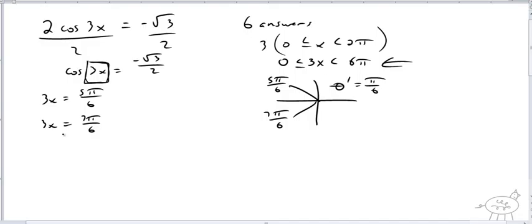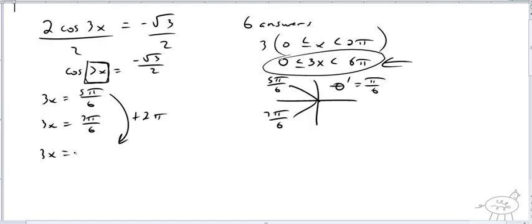Anyway, I know that 3x has to be between 0 and 6 pi, so I've tripled the number of answers, so I'm going to add, again, plus 2 pi to that. So I get 3x, I'm going to add 12 pi over 6. 3x equals 17 pi over 6. Okay, 3x equals 19 pi over 6. 3x equals, I add another 2 pi to those guys here, and that's going to give me 29 pi over 6.